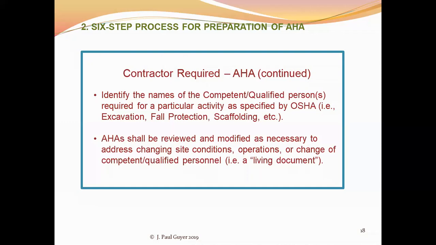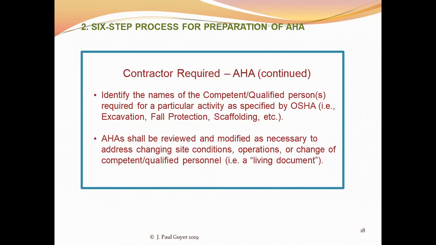So a worker on the site says, I don't know what I'm supposed to be doing here. Let's see, here's the guy that's supposed to, the competent person. I'll give him a call or walk over and talk to him about this. So that's a very important piece of information to have on this form.